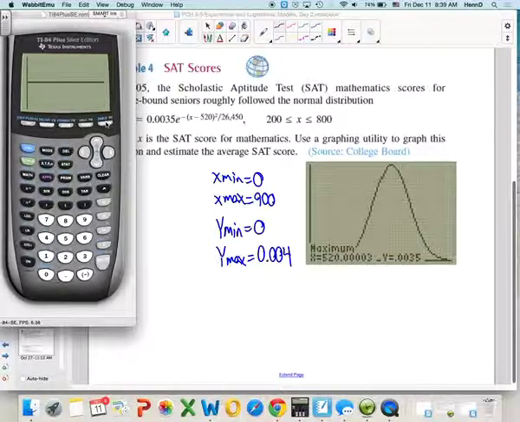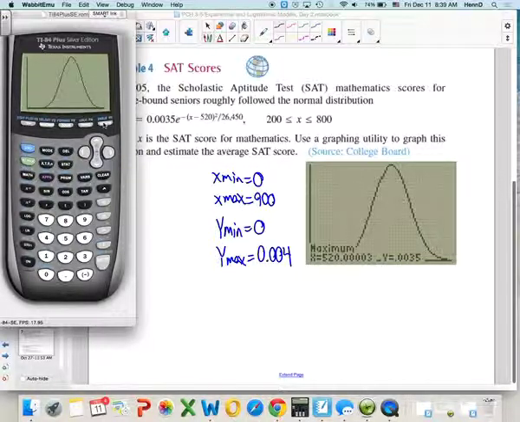What you might do is set your window so that it starts at 0, since it isn't going below 0, and goes up to 0.0035 to try it at first. You can see it goes right up to the top there, so this value is the highest it goes.